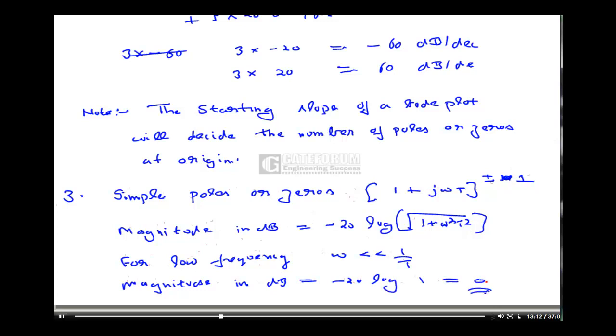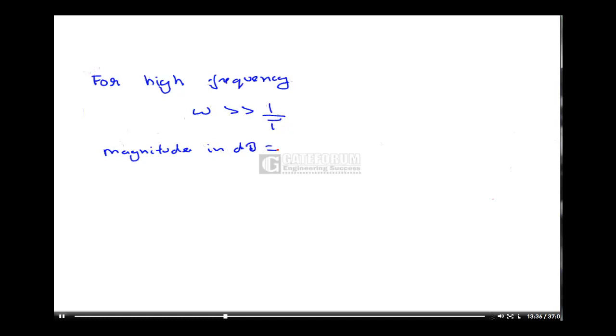For the high frequency range, again a different thing will be there. For high frequency, omega value is greater than 1 by t. In this case, the magnitude in dB is equal to plus minus 20 log omega t.